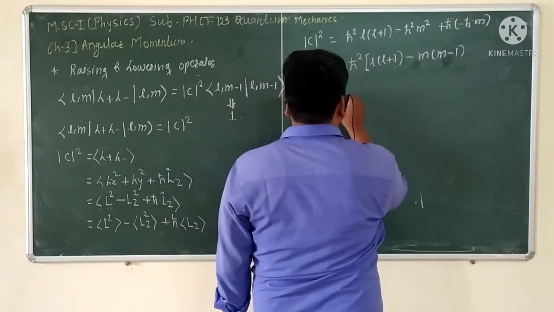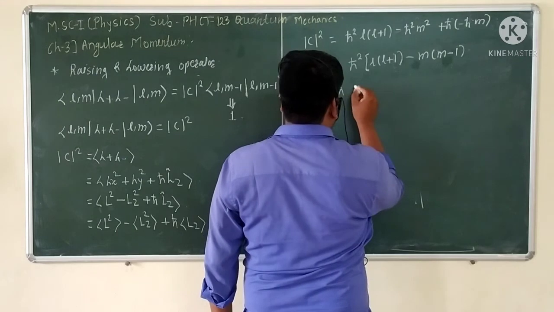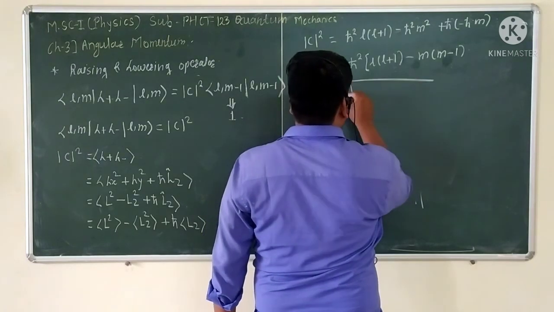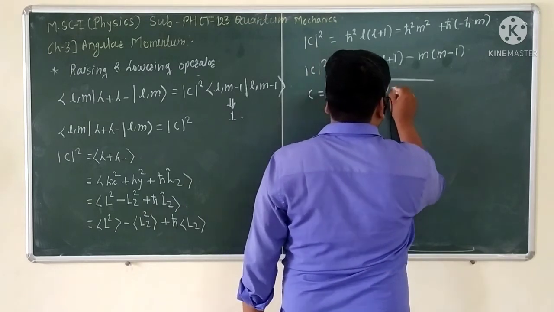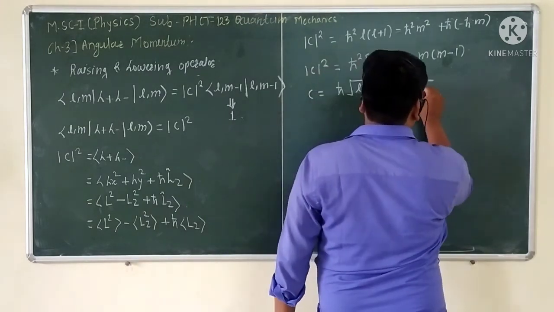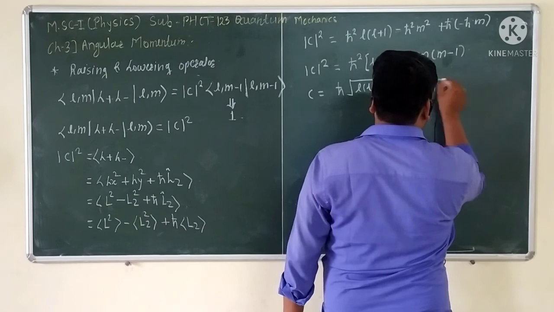If we take the square root of this value, we get h cross times the square root of L into L plus 1 minus m into m minus 1.